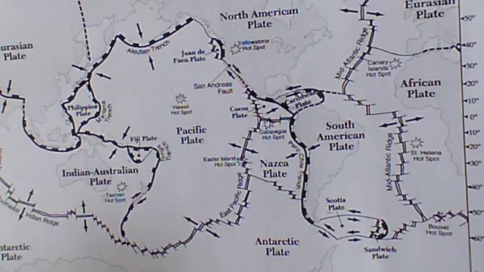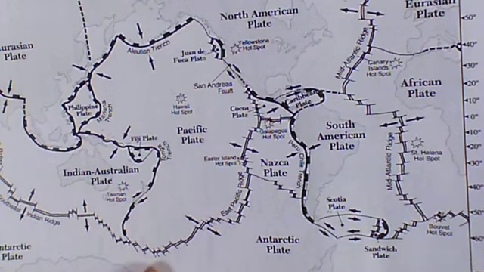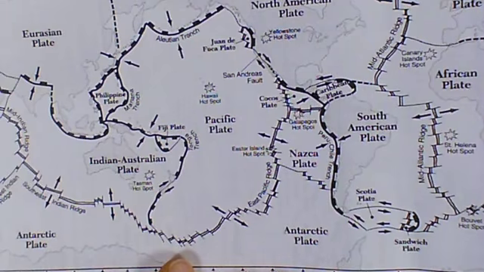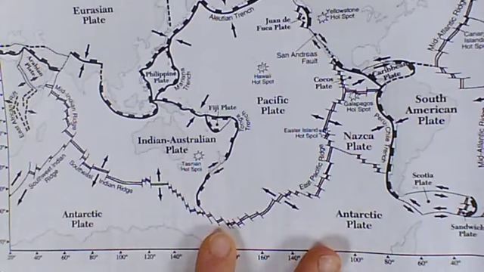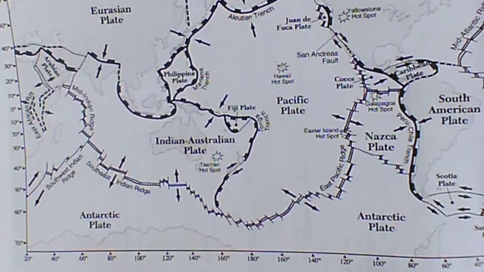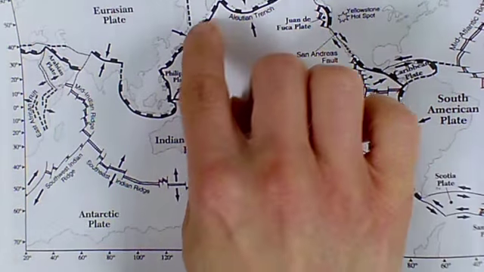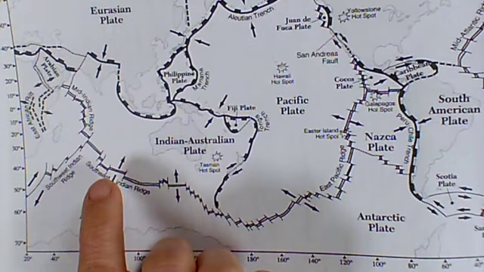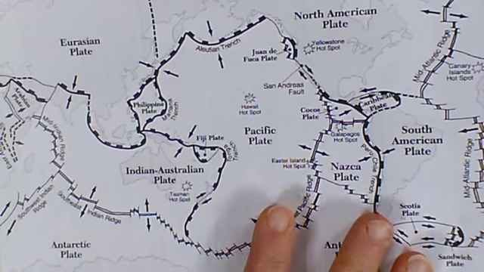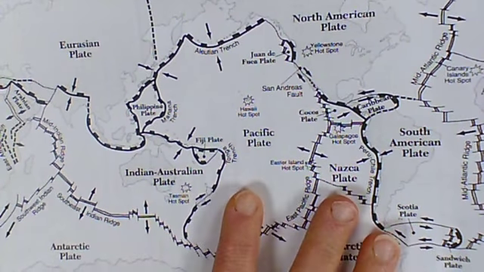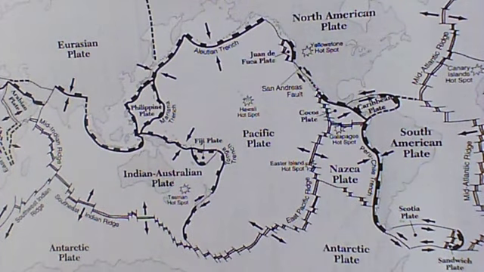They are diverging, and we're going to talk in the lecture about different landforms that form when you are converging versus diverging. You can take a look on this map. There are all kinds of places where we have convergence and divergence. Okay, so this is going to be a useful tool for you, and it's always available to you.